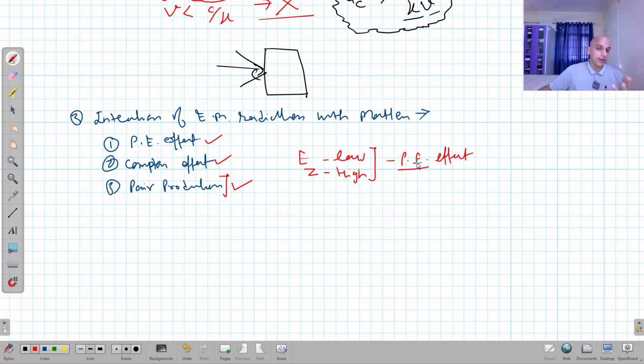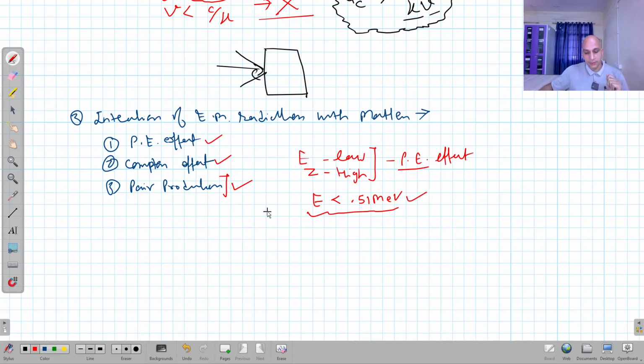And the photoelectric effect, I want to tell you, is a phenomenon of the interaction of the photons with the atom as a whole. Energy low means the energy should be less than 0.51 MeV, the rest mass energy of the electron. This is one requirement.